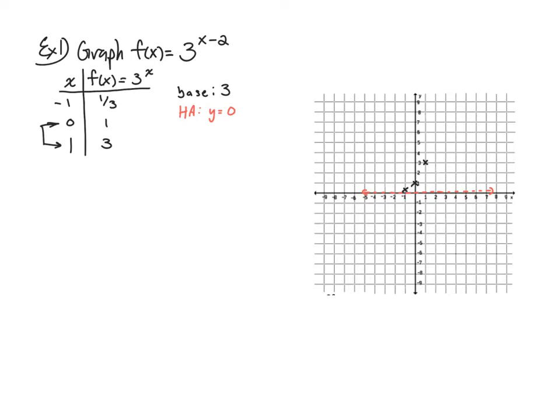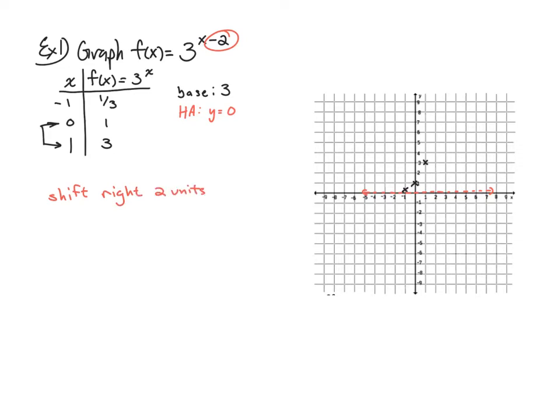All right. Next, let's list out our transformations. Remember, a parent function is just supposed to be a base and the exponent x. So what's different up here? Well, the -2. But it works exactly the same way: that -2 tells us we will shift, which way? We will shift right 2 units.